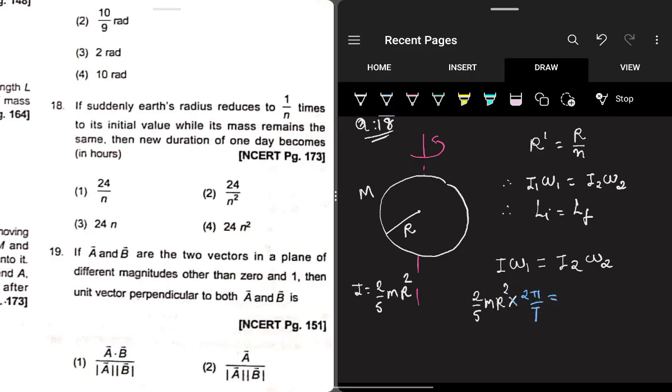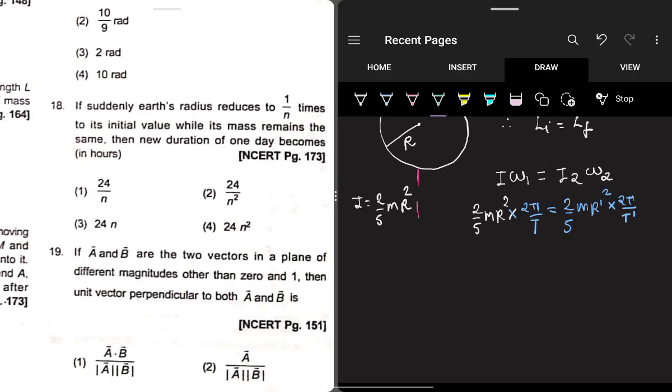Here the new moment of inertia would be 2 by 5 m r dash square multiplied by 2 pi over t dash. Cancel out whatever you can: the masses, the 2 pi. So we'll end up with r square by t is equal to r dash square divided by t dash.